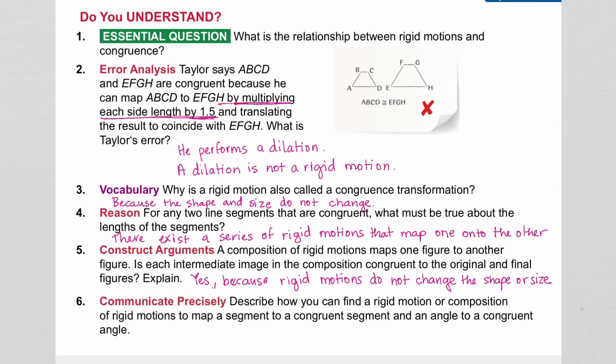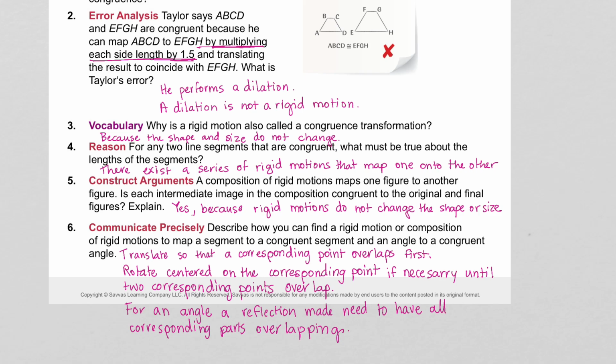Communicate precisely. Describe how you can find a rigid motion or composition of rigid motions to map a segment to a congruent segment and an angle to a congruent angle. The very first step is to translate so that one corresponding point is overlapping.